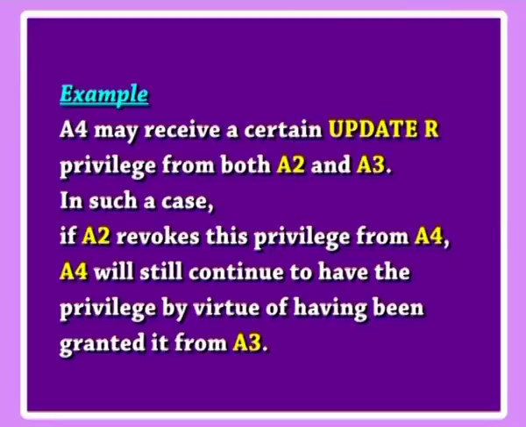It is possible for a user to receive a certain privilege from 2 or more sources. For example, A4 may receive a certain update R privilege from both A2 and A3. In such a case, if A2 revokes this privilege from A4, A4 will still continue to have the privilege by virtue of having been granted it from A3.